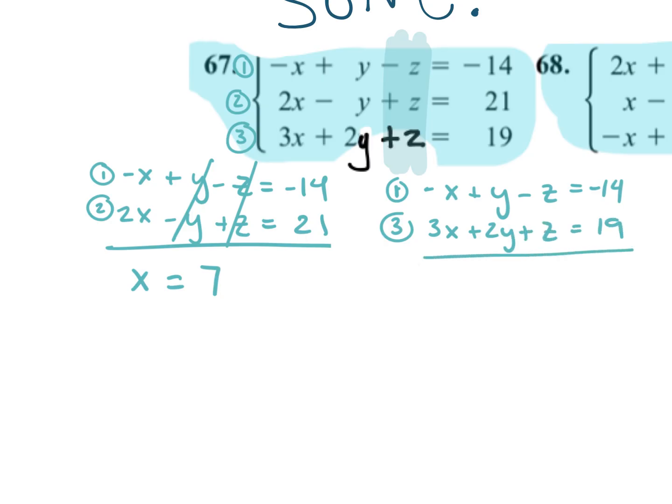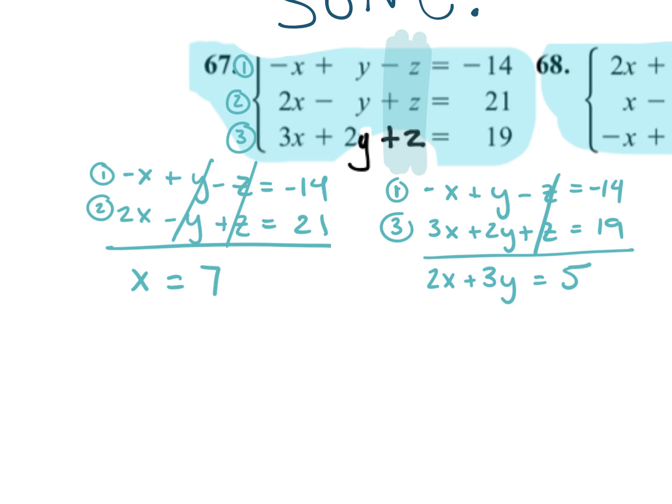Do the Z's cancel? Yeah, so let's combine all of our like terms. What's negative X plus 3X? 2X. Y plus 2Y? 3Y. And then what happens to the Z's? They cancel. Negative 14 plus 19 is what? 5.